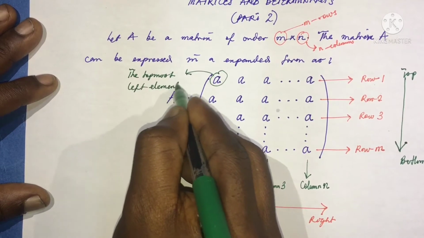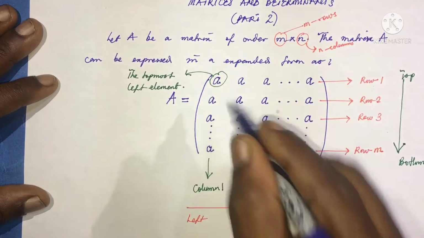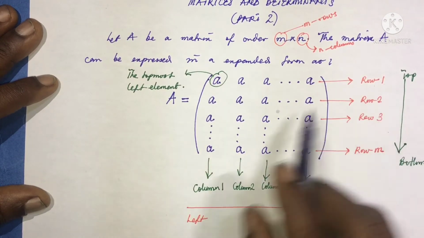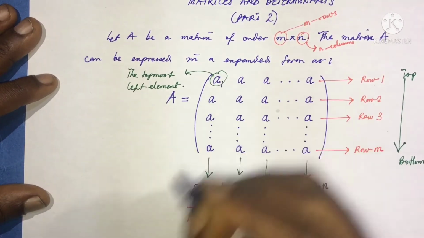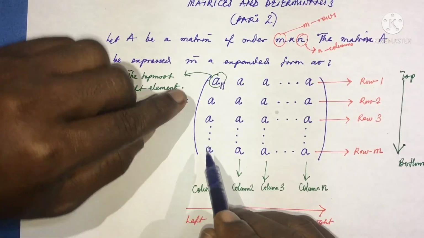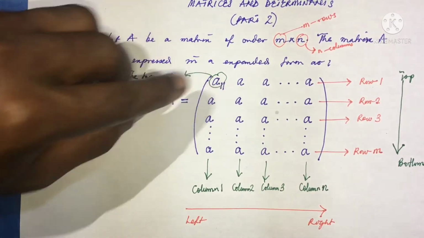And in a matrix, we start with that element. So what is the location of this element? You will notice that this element finds itself in row 1, column 1. So we are going to put here row 1, column 1. So the 1, 1 there stands for the fact that the element finds itself in row 1, column 1.